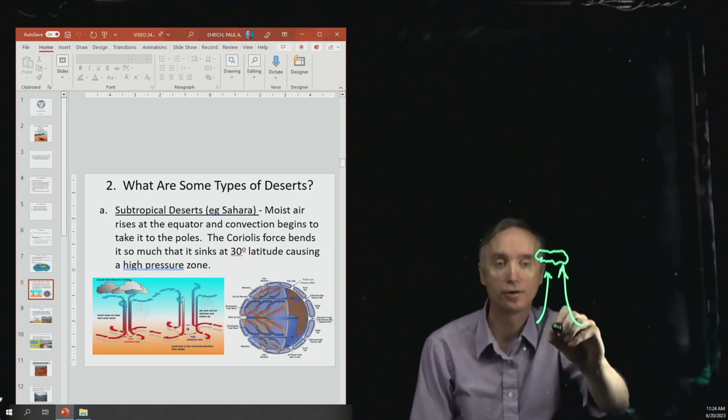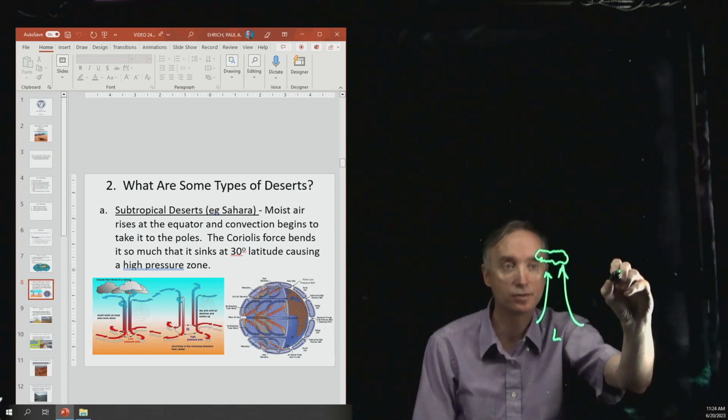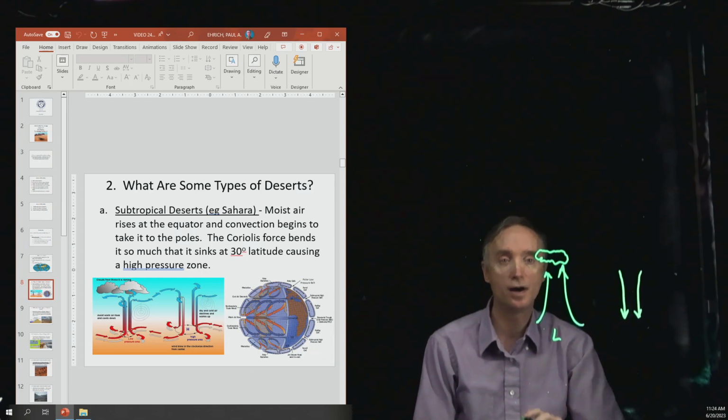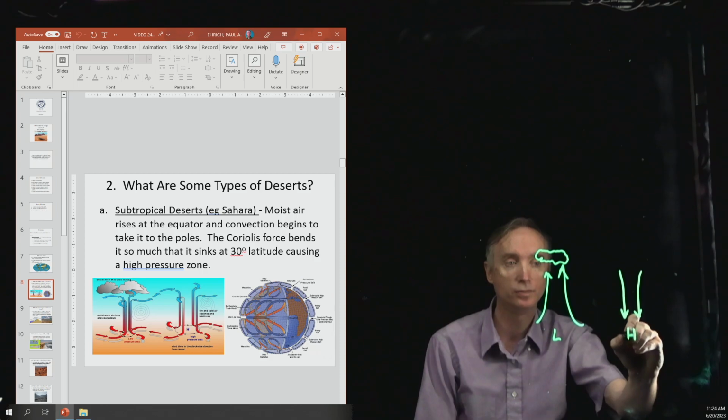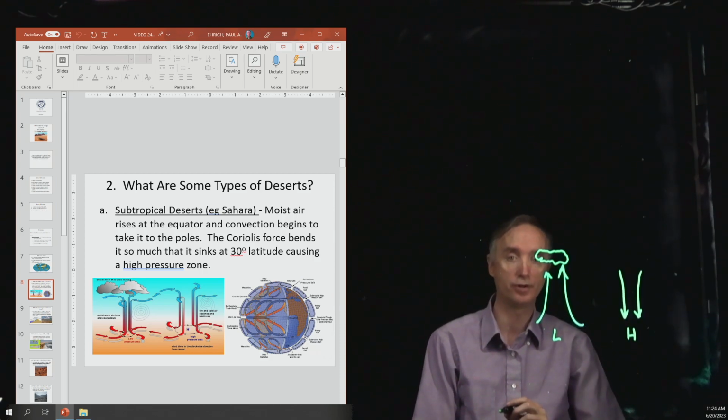So this would be under a low pressure system. Under a high pressure system, the air is being pushed down, and that basically does not allow clouds to form. So under a high pressure system, no clouds. Under a low pressure system, it tends to be cloudy.